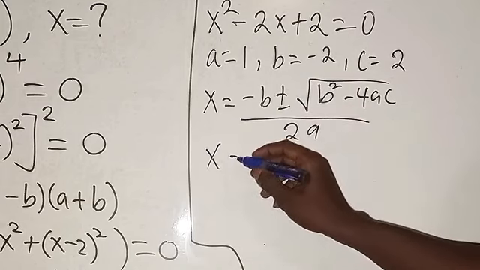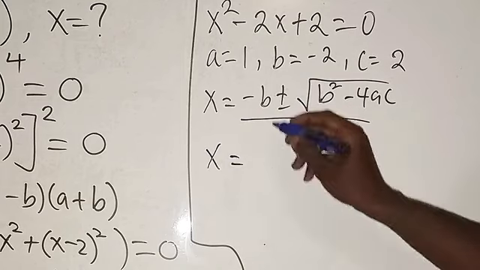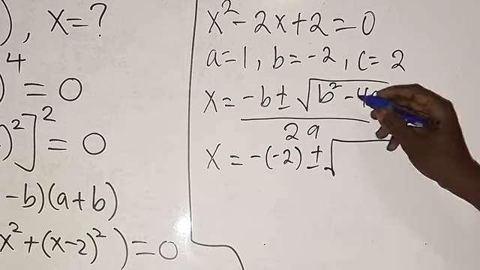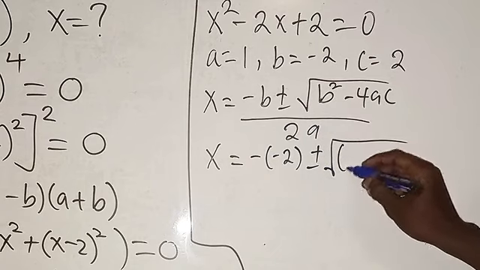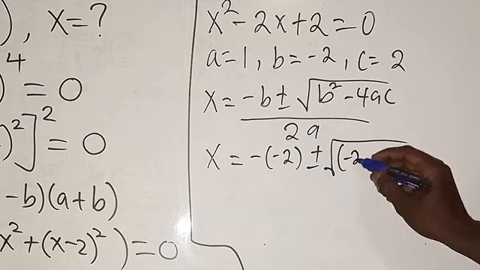We have x equals minus minus 2 plus or minus the square root of minus 2 squared minus 4 times a, which is 1, times c, which is 2, then divided by 2 times 1.